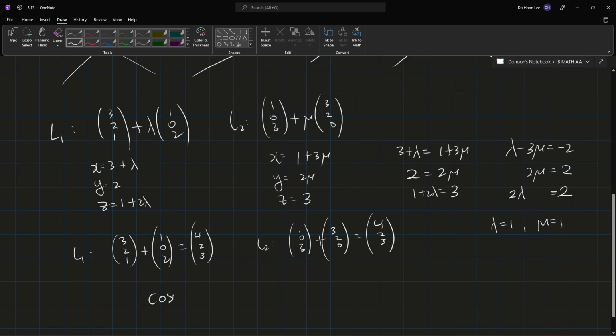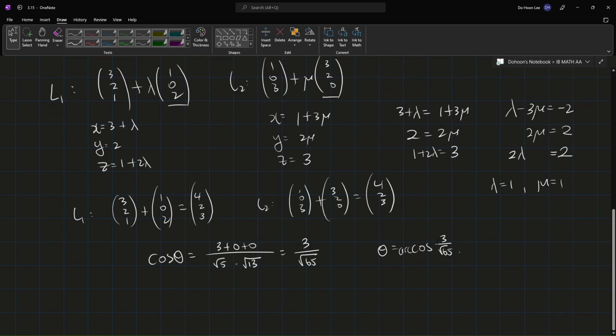So cos theta equals, and I'm looking for the direction vectors, right? So it'll be 1 times 3, plus 0, plus 0, divided by square root of 1 plus 4, which is root 5, and square root of 9 plus 4, which is root 13. It'll be 3 over square root of 65. So theta has to be the arc cos of 3 over root 65.